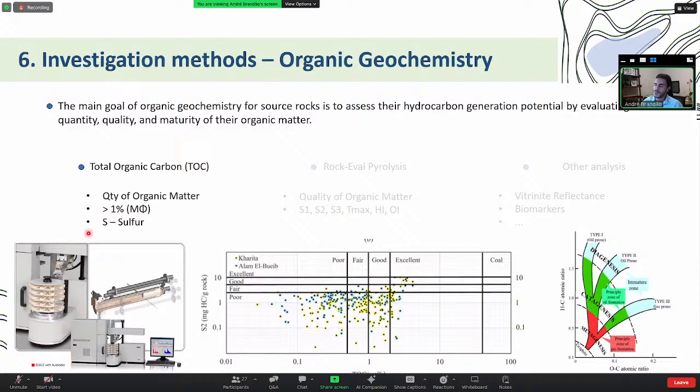And that will be translated to the amount of organic carbon that the source rock has. If it is a number higher than 1%, we consider it a good source rock with good generation potential. And there are a lot of other things that can be measured, and it can be combined with many other results as well, but the idea is that you measure the amount of organic carbon in the rock.